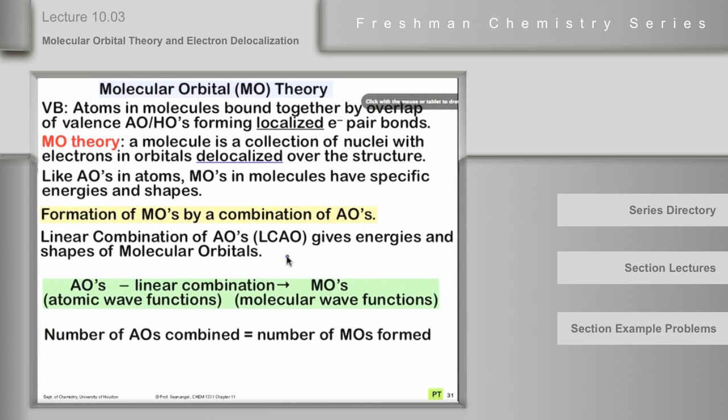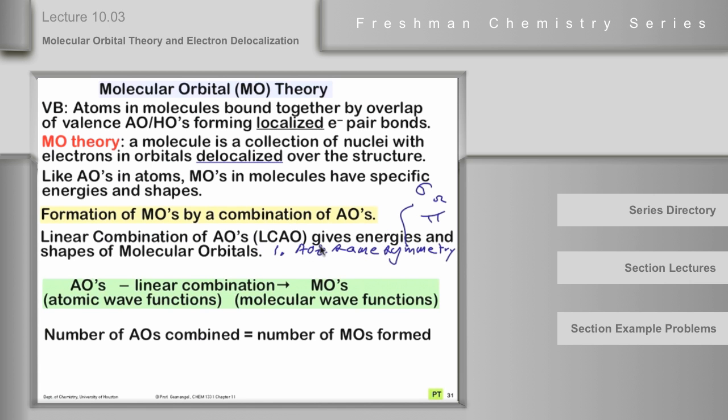In order to combine two atomic orbitals to make molecular orbitals, two things have to be true. One thing is the AOs have to have the same symmetry. In this case, sigma or pi. They either have to be both sigma or both pi. And we know what sigma and pi mean, right? We've gone through this from the valence bond model.